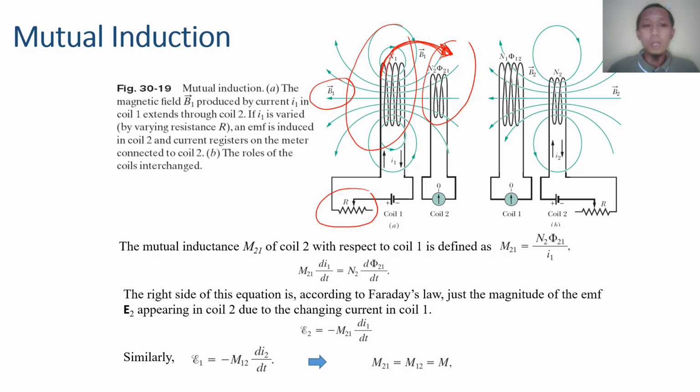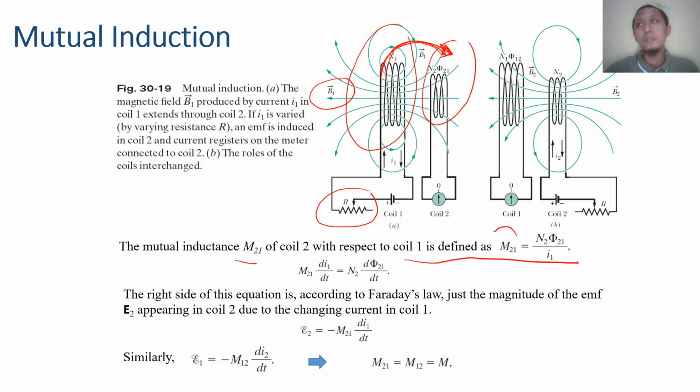The mutual inductance M21 of coil 2 with respect to coil 1 is defined by M21 is equal to N2 times the magnetic flux 21 per I1.